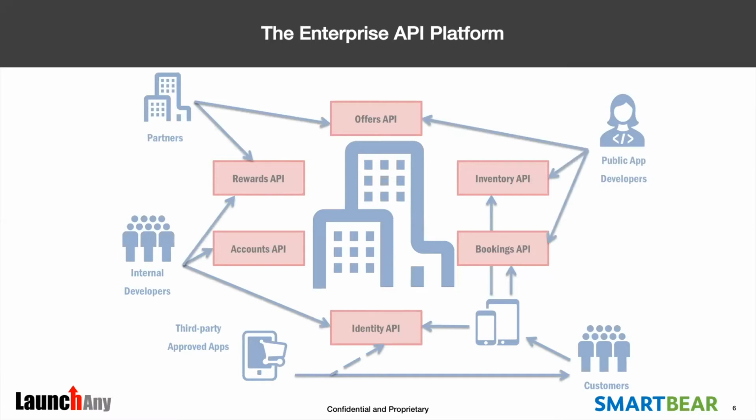And some enterprises are actually opening up their APIs to public app developers. They'll selectively expose certain APIs that they think will be beneficial to the overall developers, and as a result, allow public app developers to create new and interesting innovations on top of their APIs that they otherwise wouldn't have thought about doing internally.